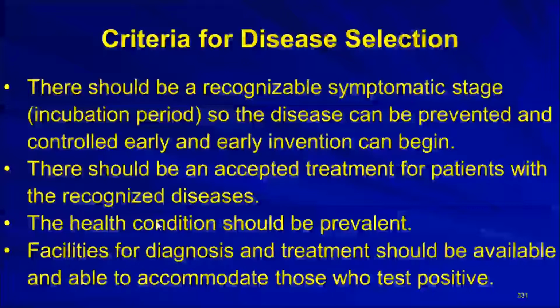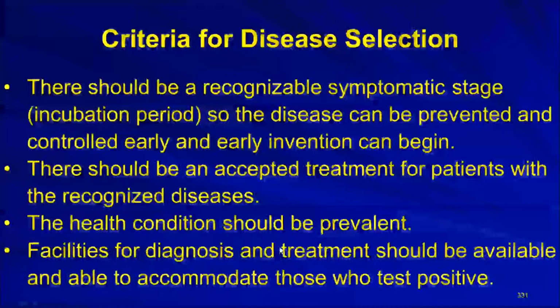And we want to have adequate facilities for diagnosis and treatment. If we happen to find a number of people who test positive and have been diagnosed in a positive fashion, but again, we want to have enough facilities and professionals, I should say, for diagnosis and treatment.